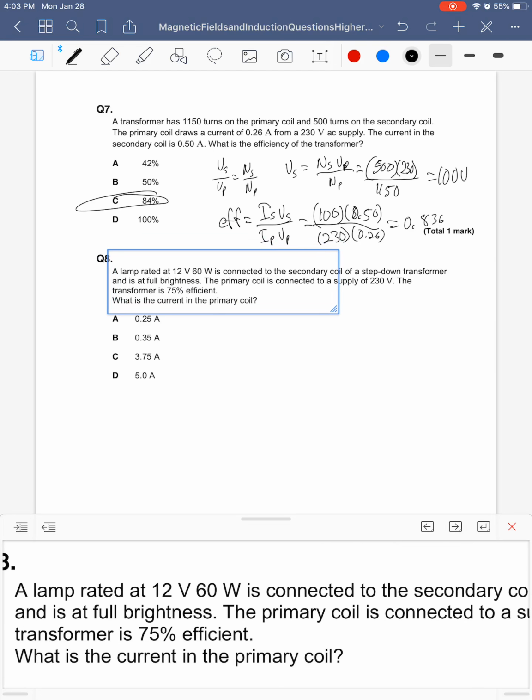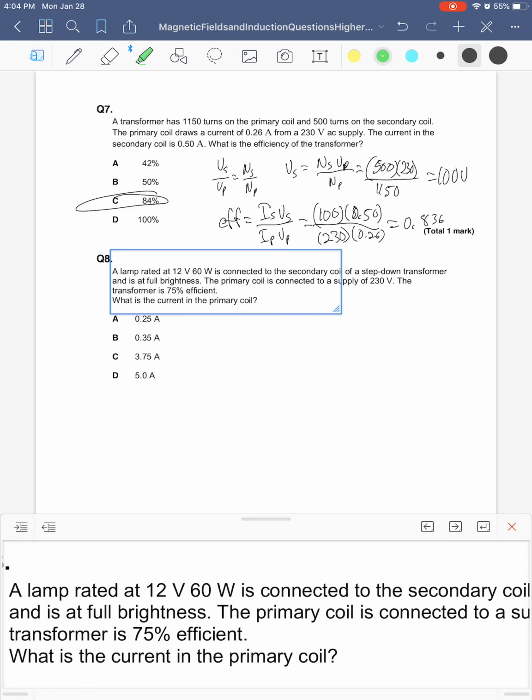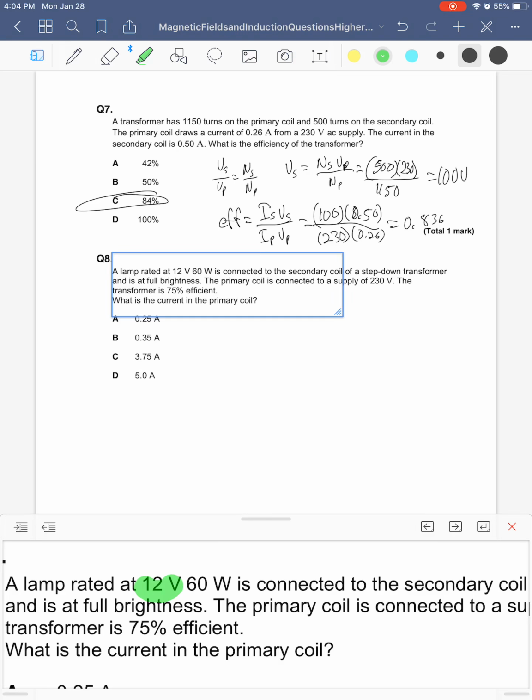Okay, now a lamp rated at 12 volts at 60 watts is connected to the secondary coil of a step-down transformer and is at full brightness. So that means that it has 12 volts going across it. The primary coil is connected to a supply of 230 volts.